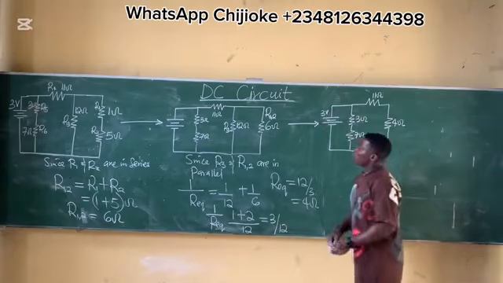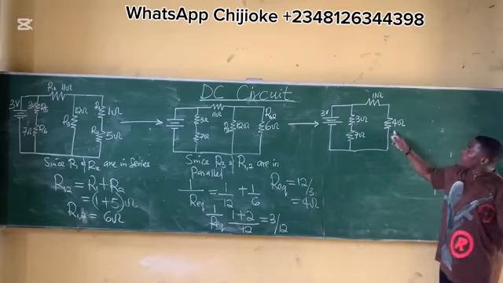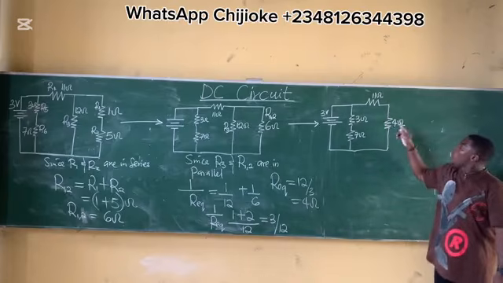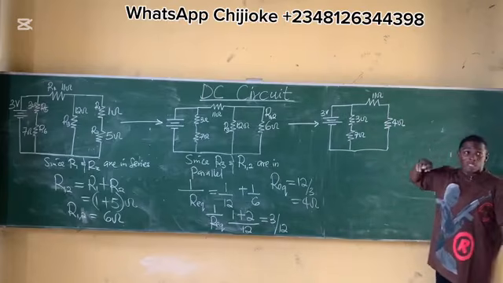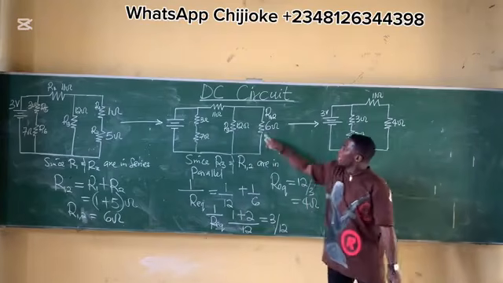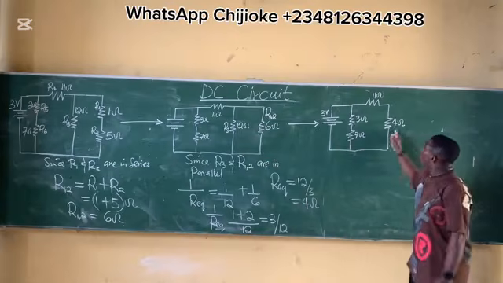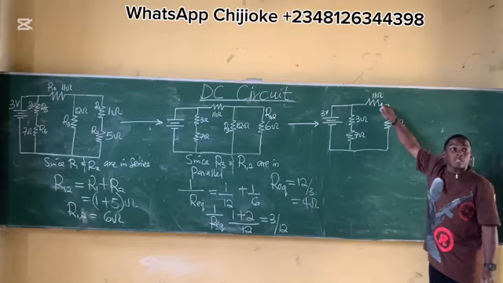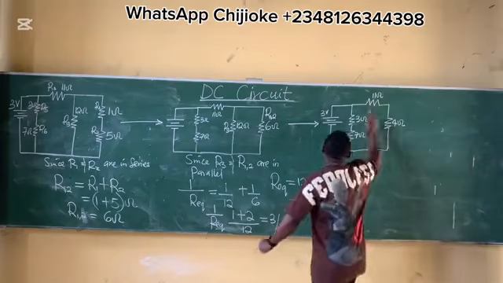Now, observe which ones are in series. 11 and what? 4. Are you seeing it? We took this and this to get 4. This 6 and 12 are in parallel to get 4. Now, this new equivalent resistance, 4 ohms and 11 ohms, are in series. So the equivalent resistance is just the summation.